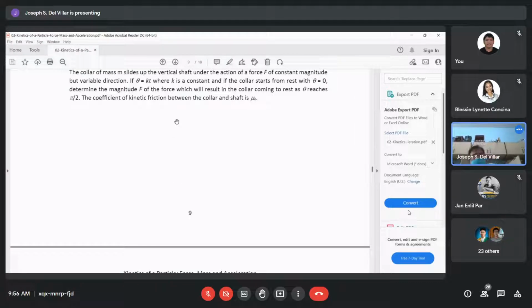Now, if theta is k times t where k is a constant and if the collar starts from rest with of course the angle theta equals 0, determine the magnitude F of the force which will result in the collar coming to rest as the angle reaches 90 degrees or pi over 2.